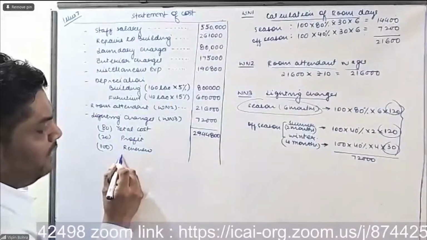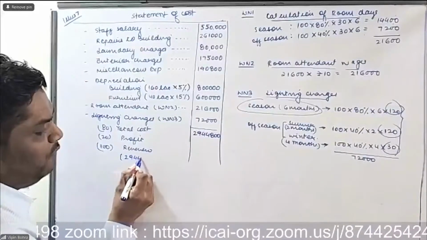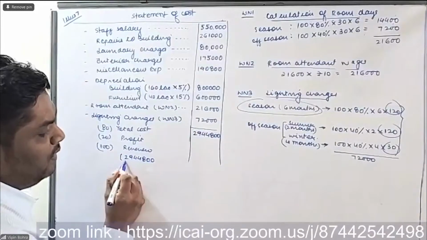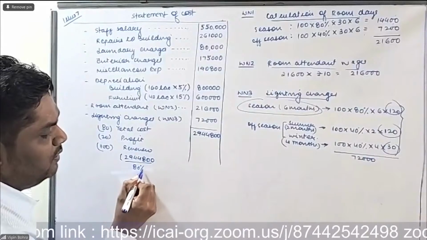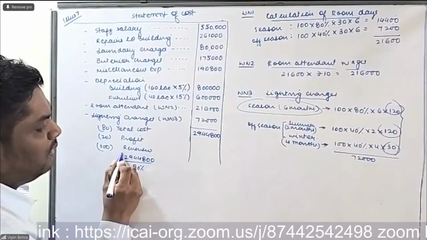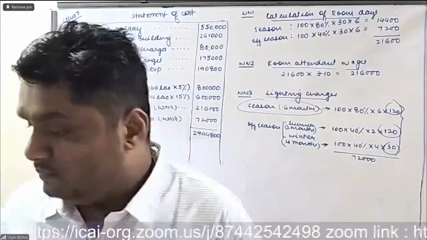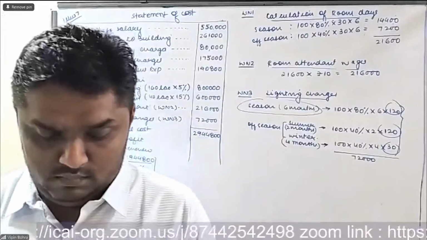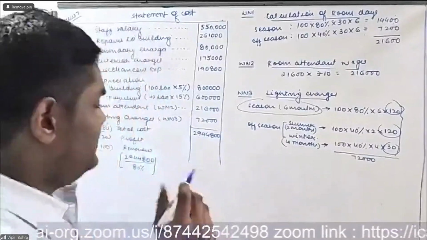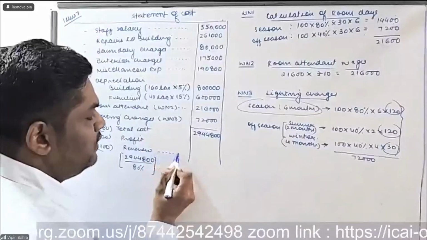So the revenue will be how much? 29 lakh 44,800 divided by 80%. So 36 lakh 81,000 will be the total revenue.